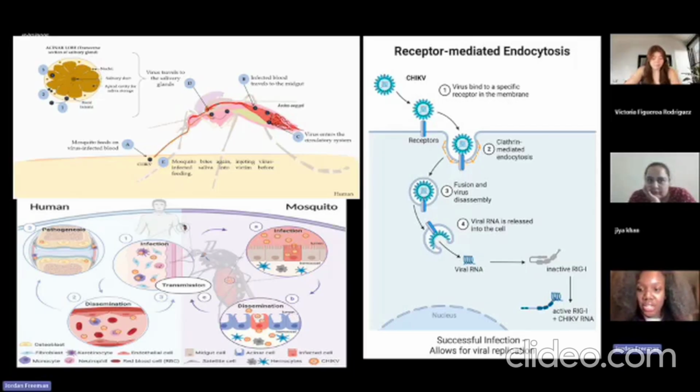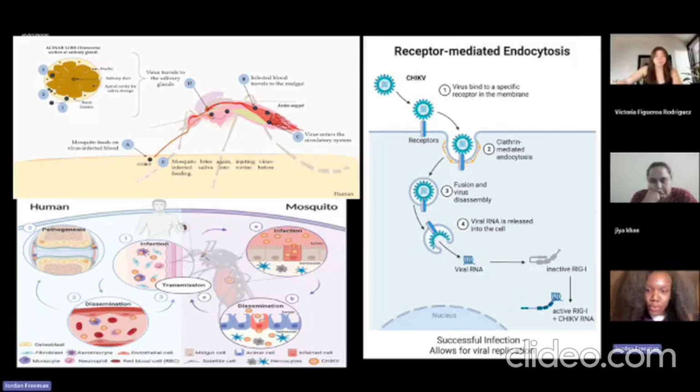After fusion and uncoating, the viral RNA is released into the cytoplasm. The RNA acts as an mRNA, producing non-structural proteins and forming the replication complex. New viral particles are made, released, and spread through the joints, muscles, and blood, leading to fever and severe pain. If another mosquito bites an infected person, the cycle continues all over again.